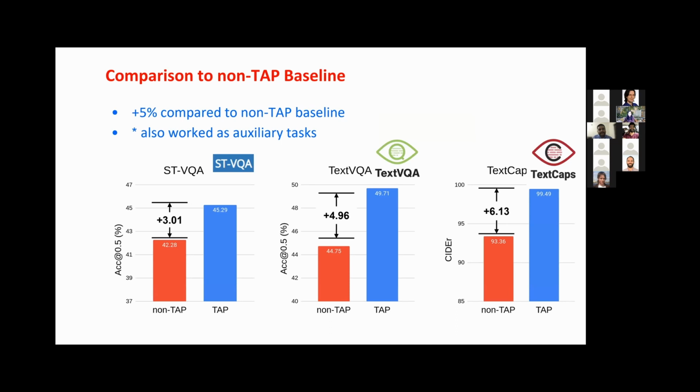Other settings are exactly the same. The experimental results show that by just adding text-aware pre-training, the performance of the model already significantly improves on both text VQA and text captioning tasks on all three benchmark datasets.